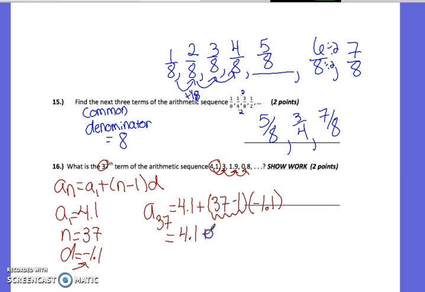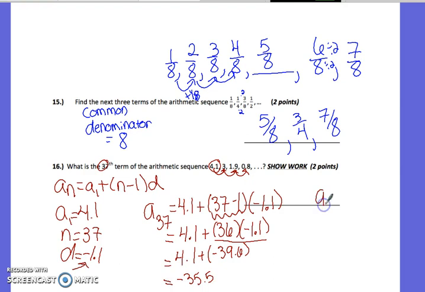So 4.1 plus 36 times, keep your negative 1.1 in parentheses so you know it's multiplication. 36 times negative 1.1 is going to give you negative 39.6. Add the two together and you get negative 35.5. So your answer is a sub 37 equals negative 35.5. And then you're done. Great job.